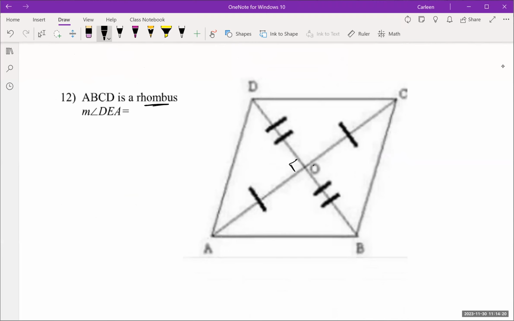And this should be E. Okay, so now I know the measure of angle DEA is how much? 90 degrees.